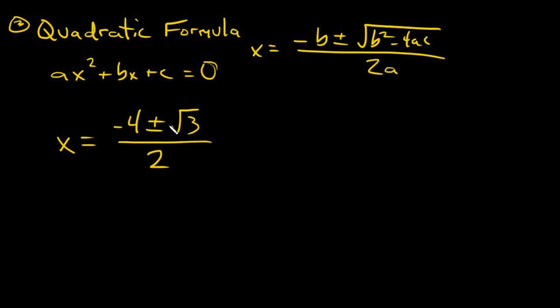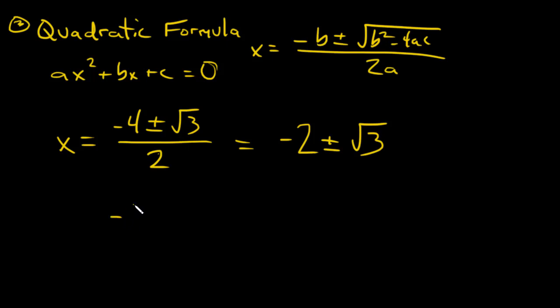Leave it. Don't simplify it. Don't do anything to it. Walk away. Everyone wants to go, oh, I can divide this negative 4 by this 2, so I'm going to wind up getting negative 2 plus or minus root 3. No, that actually is incorrect. The only way I could get rid of this 2 is if there's something that the 2 goes into evenly in front of this root as well.